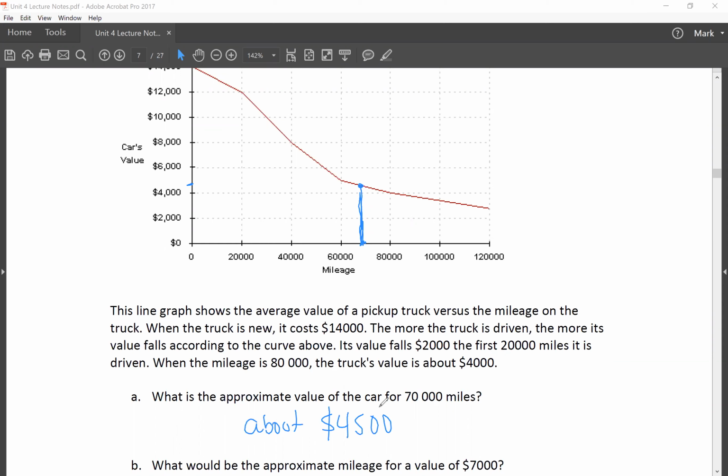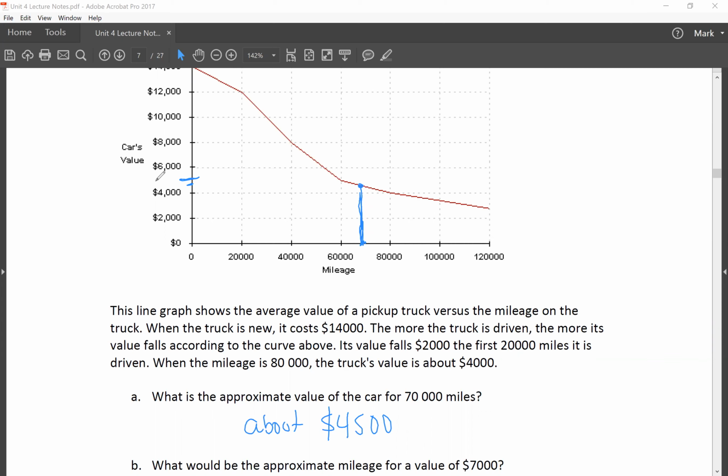Now, if somebody said 5,000, if somebody said 4,300, this is fine. We can't really tell from the graph, but I know about halfway between these two is 5,000. So it's a little less than 5,000. So around 4,500 would be a pretty close approximation.